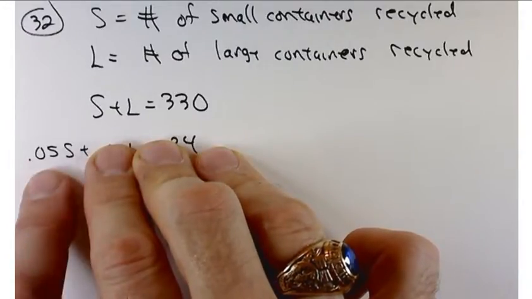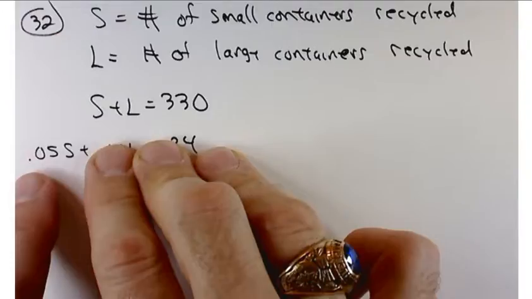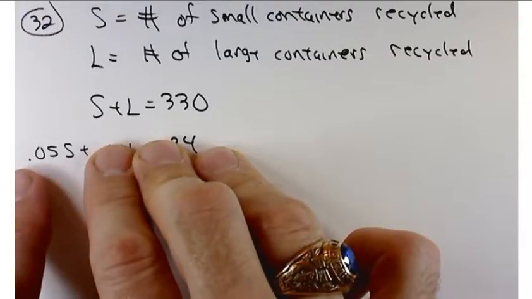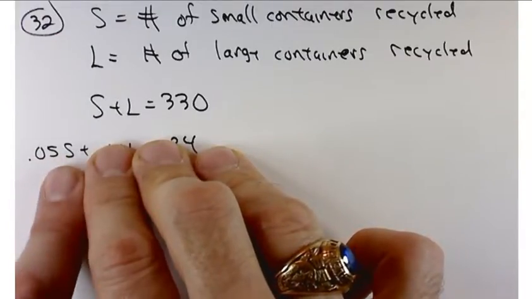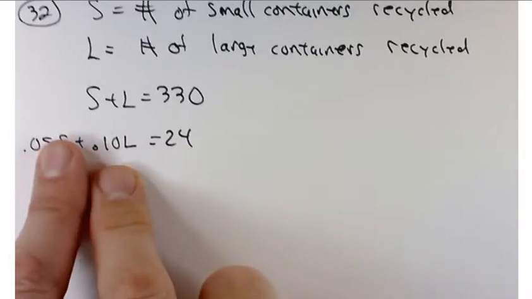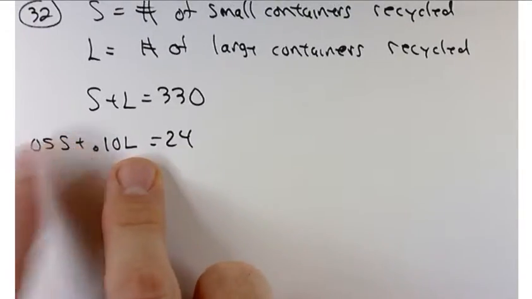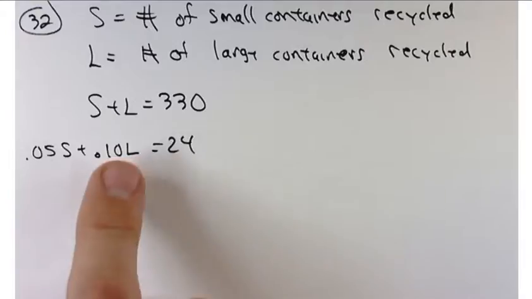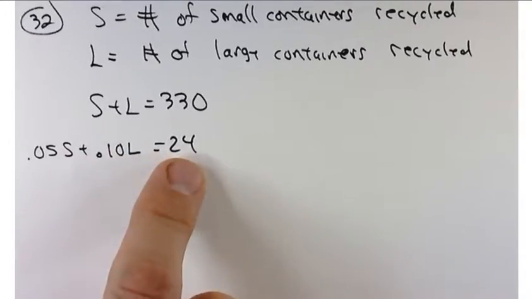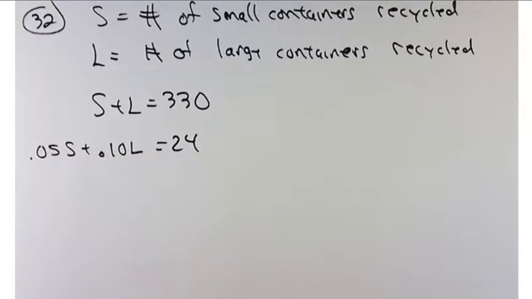If you have 10 cans or 100 cans, however many cans you have, you're getting 5 cents per can, so you have to multiply. Then over here, you're getting 10 cents per container. So again, you're multiplying, and you got a total. When you see that word total, that little light should go off in your head. Total means you're adding up a couple things. And we're going to see that a couple times here today. There's your system of equations.